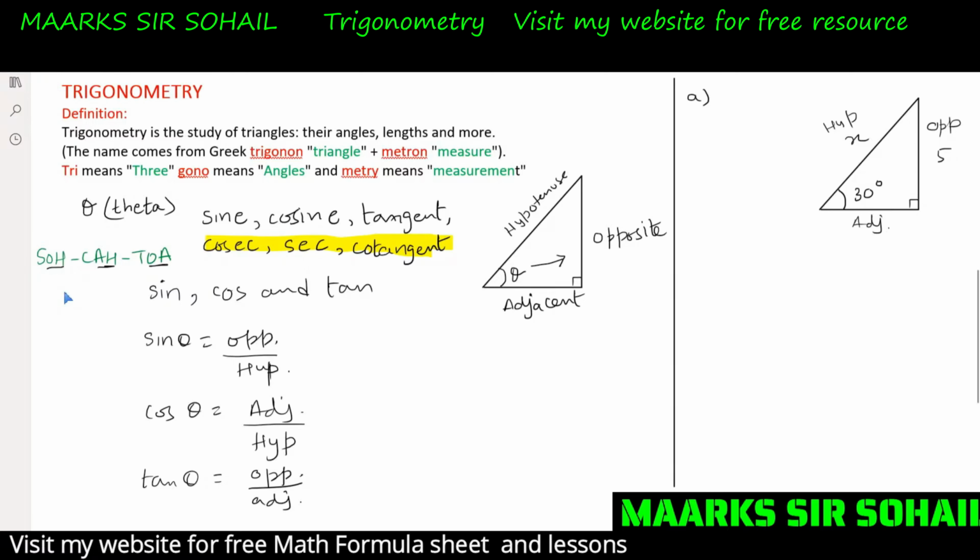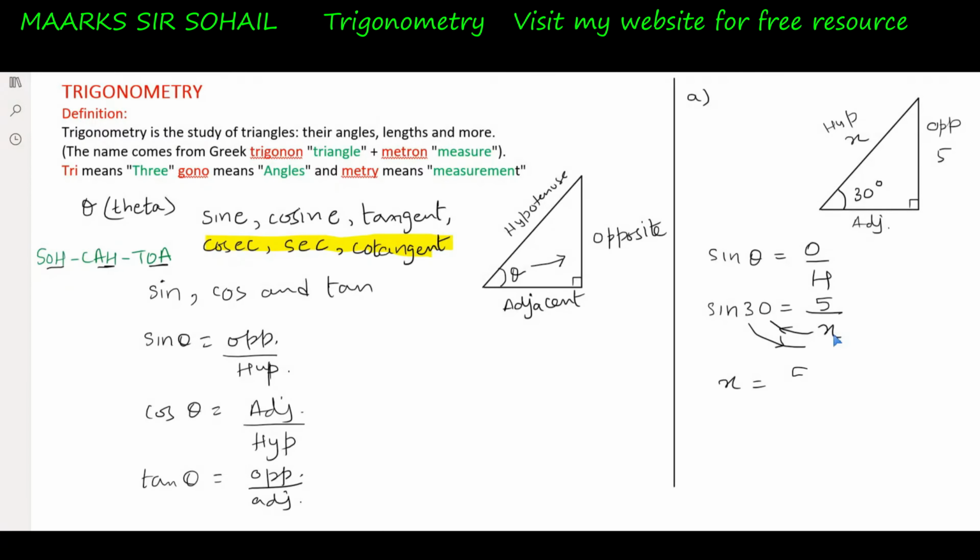I will write sin theta is equal to O upon H. In place of theta I can write 30 degrees because that is the angle given, opposite is 5 and hypotenuse is x. I want to find x, so x goes to the left side and sin 30 replaces it on the right. So x is equal to 5 upon sin 30.